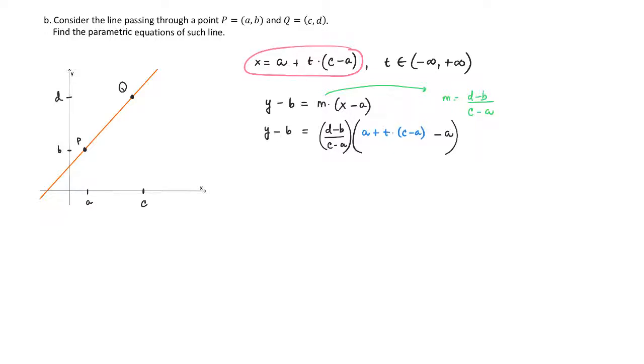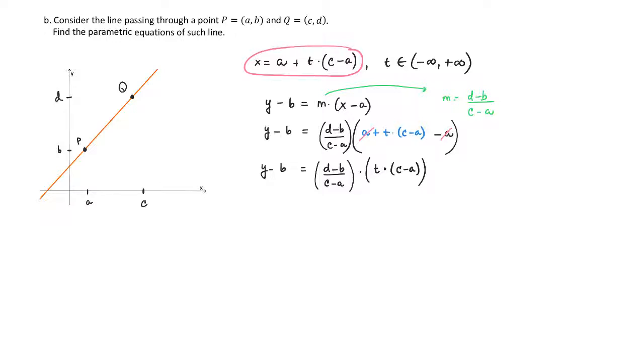So some things are going to cancel, a with a, that will give us y minus b equals d minus b over c minus a, that won't change, times t times c minus a.